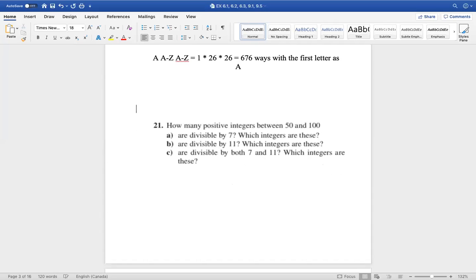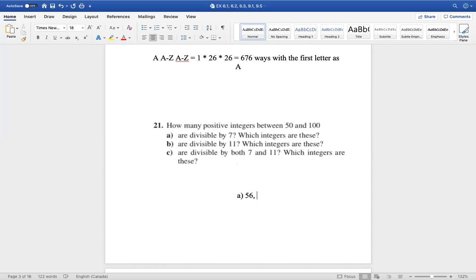The next one is question number 21. It asks, how many positive integers between 50 and 100 are divisible by 7? Which integers are these? It's a pretty straightforward question. We will just write down the numbers which are divisible by 7 in the range 50 to 100.